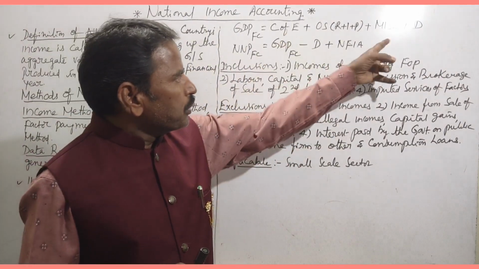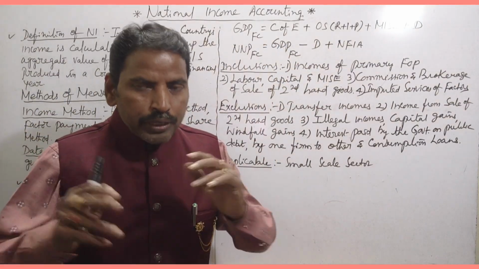We add all four, then you will get GDP factor cost.